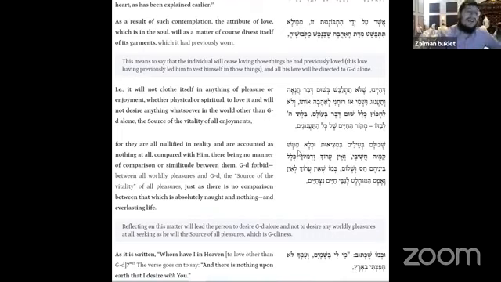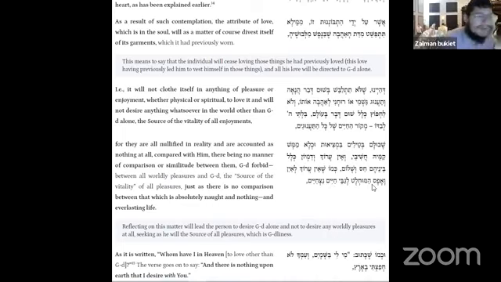For they are all nullified, completely batel bimetzius, kamei chashiv, in front of Hashem. And to Hashem, there's no difference at all between the different types of gashmius. They're all completely nullified to Hashem.